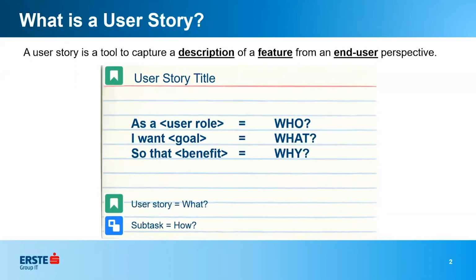Yep. The who can be the user role. It can be a persona. It can be whoever is the end user. So sometimes that's, as a mortgage customer, or as a credit card user, or as a George user, or anything like that. So whoever the group of people are who are going to be able to use your feature, that would be your who.